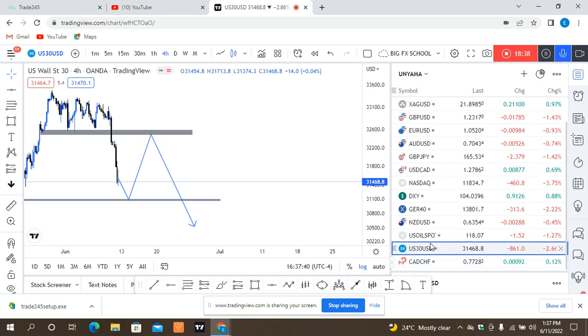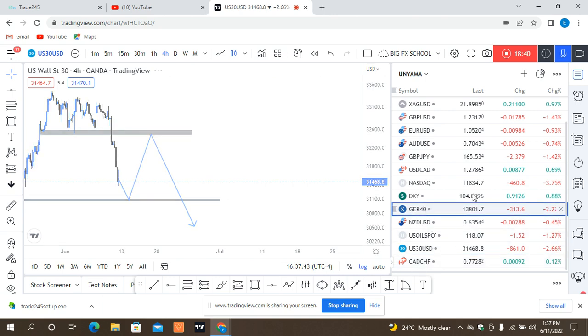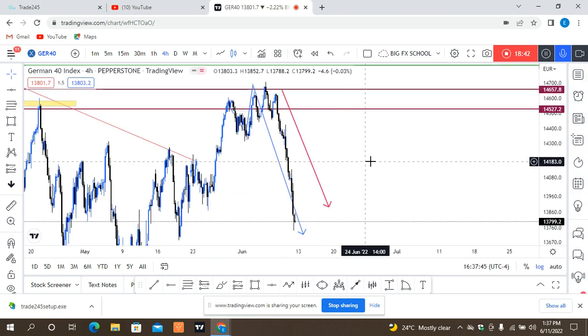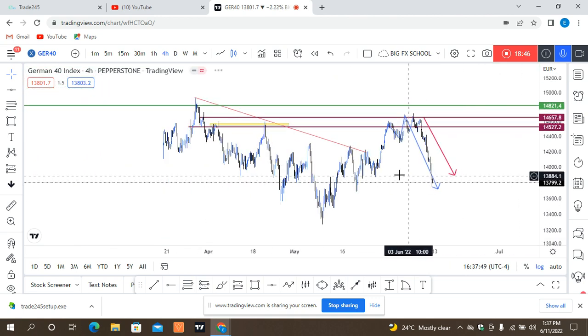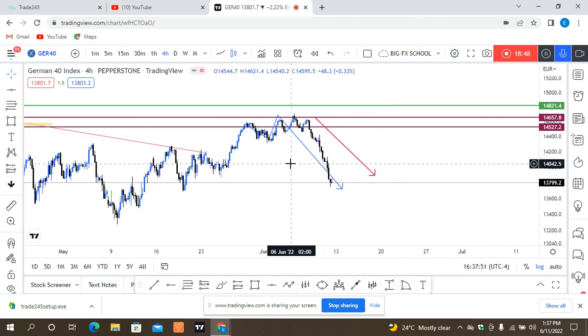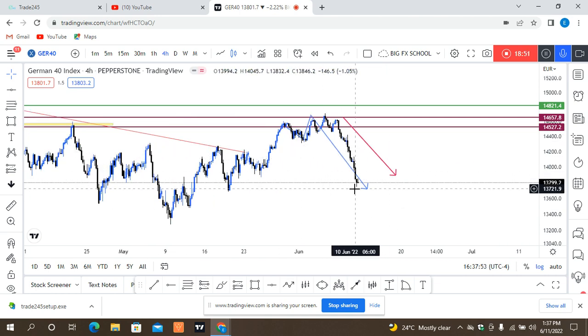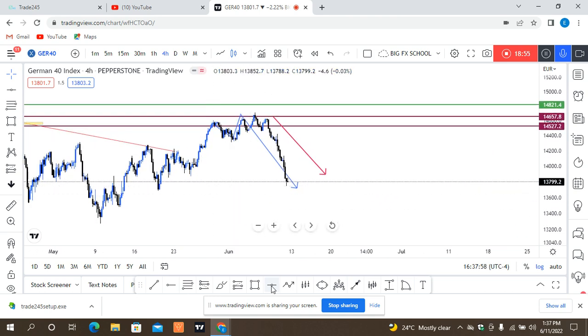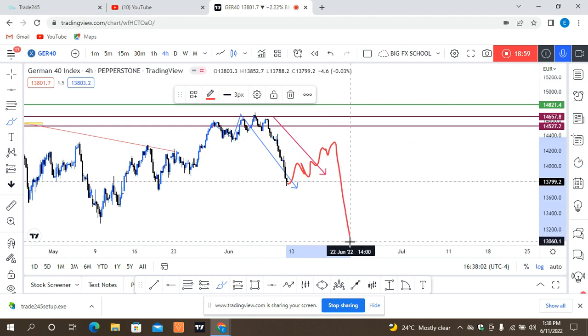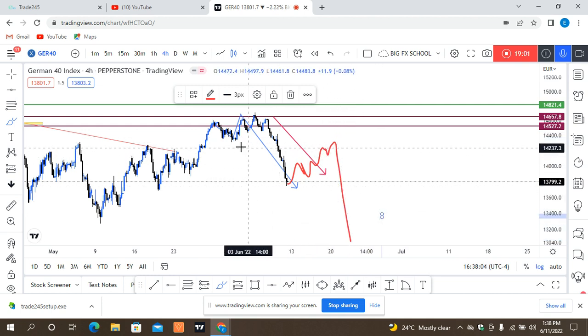Another setup may be Germany 40, but Germany 40 was predicted to go down and it is going like that. So since we have the impulsive move here, we expect a correction to the upside before another drop to the downside.